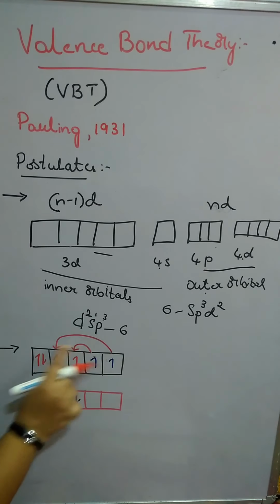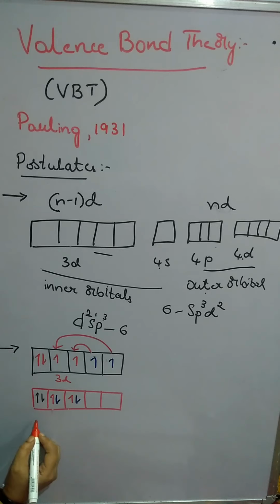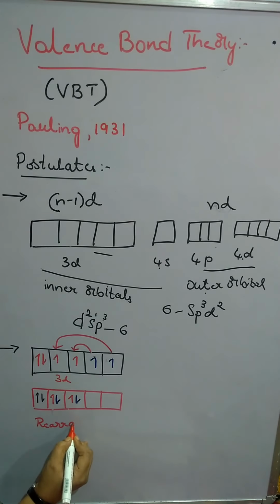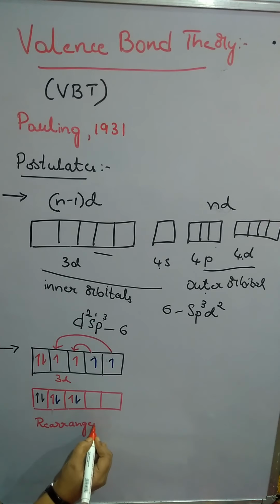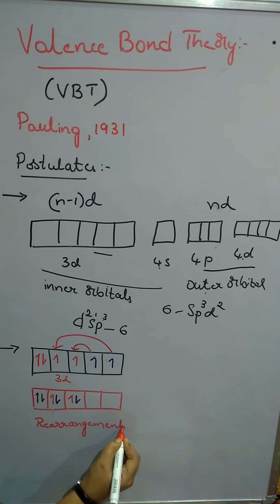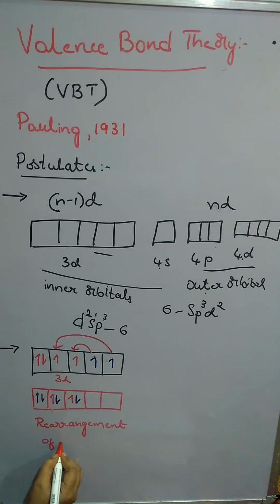If that happens, then that is called a rearrangement. Rearrangement of electrons is going to take place. We call that a rearrangement of electrons. When the electrons shift this side, these two orbitals will be made free.